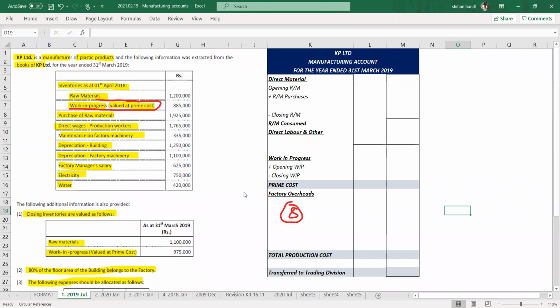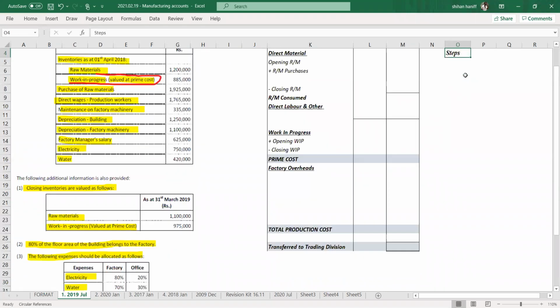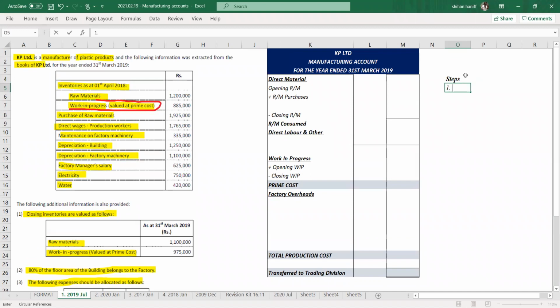So if the format is done, let's start recording the transactions. So always follow the steps. In most of these questions, the first step is format. Draw the format by keeping space. You can keep extra space.